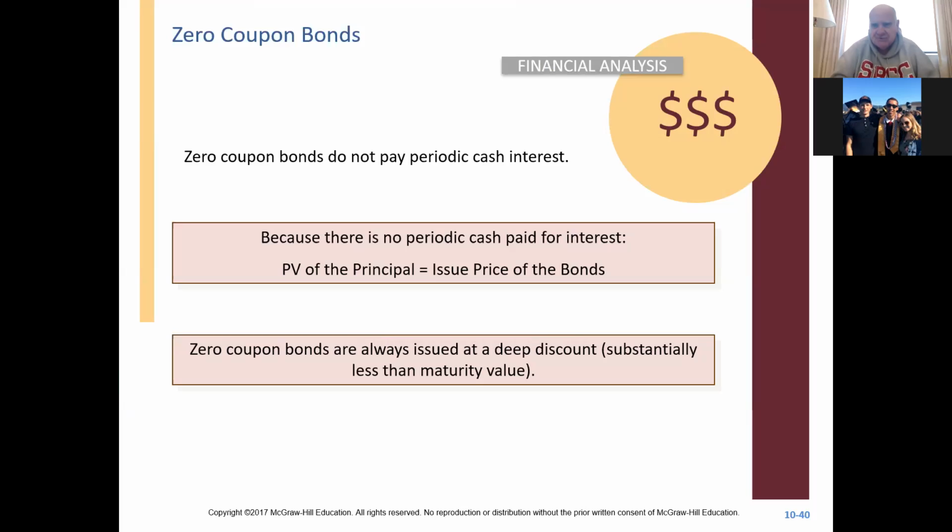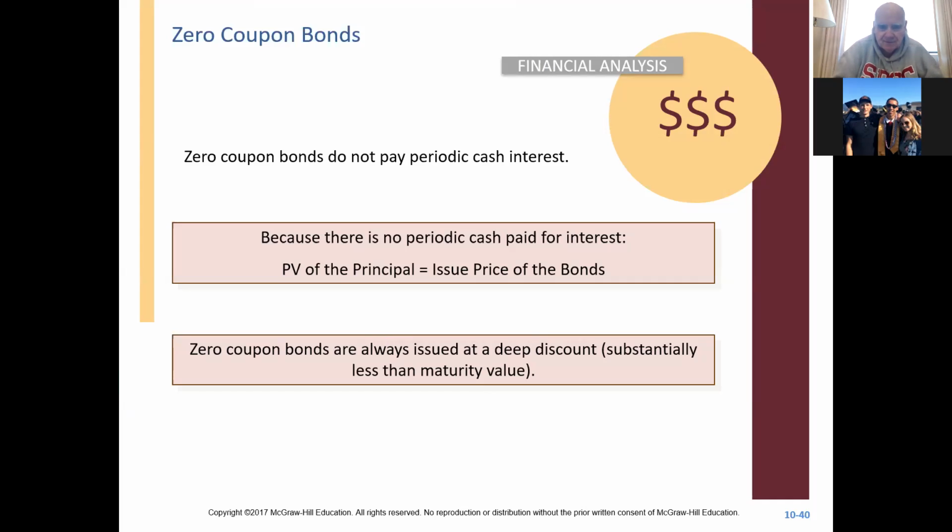Okay. We'll talk briefly about zero coupon bonds. Zero coupon bonds are just this. They don't pay interest. I'm telling the world, I want to borrow $100,000 and I want you to pay me 100,000. And based on the market rate, the present value of that bond might only be 90,000.